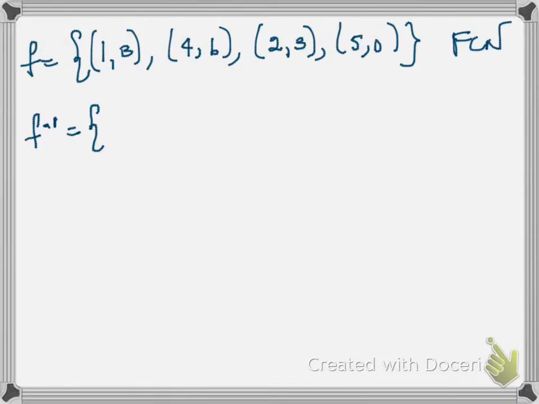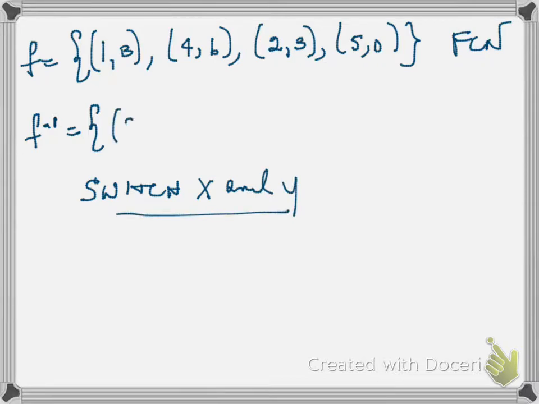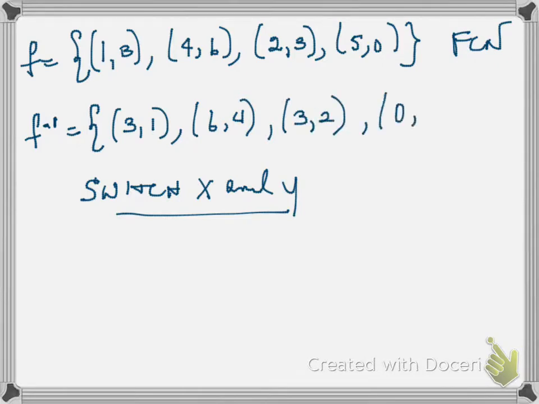That's exactly what we're going to do. So literally, take your ordered pairs and switch them. (3, 1), (6, 4), (3, 2), and (0, 5).